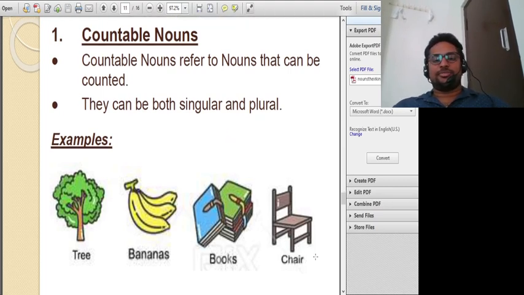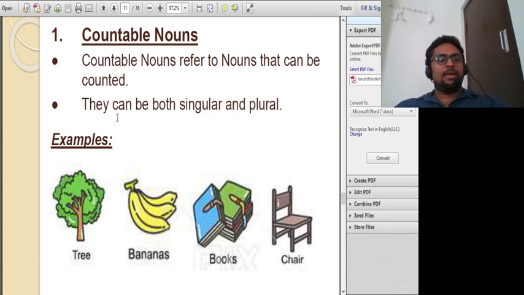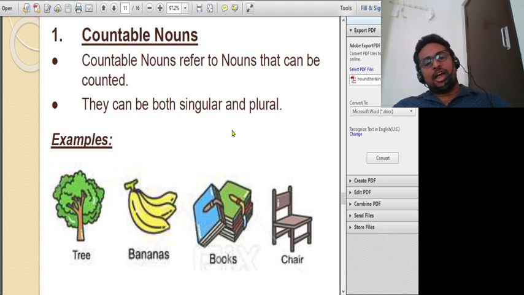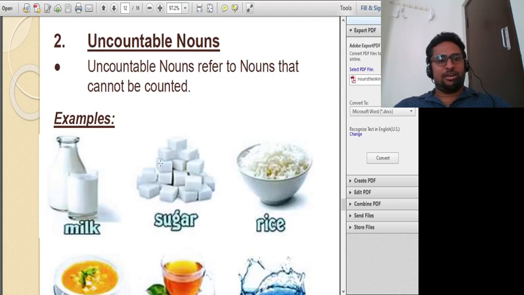Chair, chairs. Rice, rices? Can we pronounce that? No. Wrong. Countable nouns can be both singular and plural. Tree, trees. Banana, bananas. Book, books. Chair, chairs. College, colleges. Country, countries.